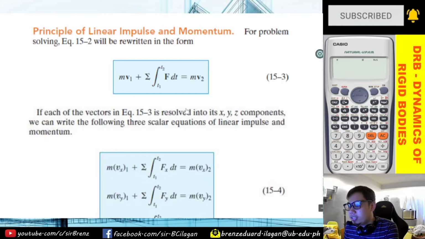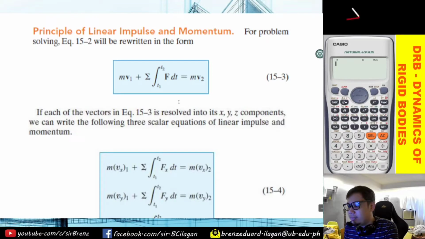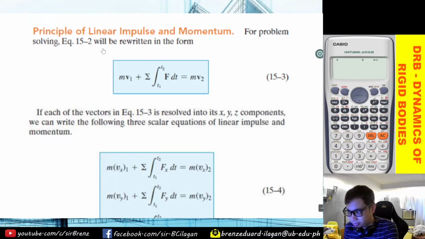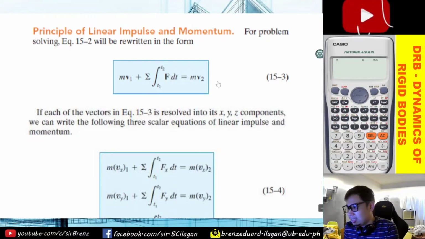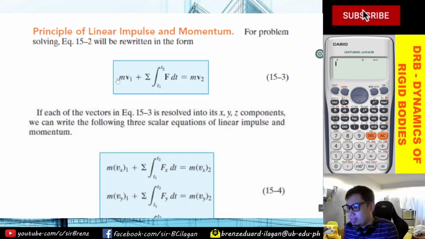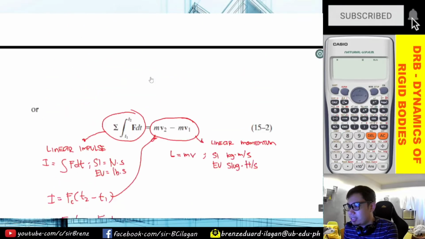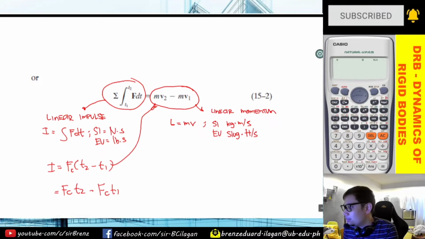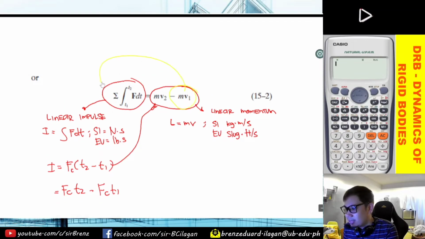Okay, so the principle of impulse and momentum. What is discussed in this section? The principle of linear impulse and momentum. For problem solving, equation 15-2 will be rewritten in this form. What happened is that he just moved the mv1. Before, our equation was like this. He just transposed the mv1, this part, that's why, if you noticed, it became positive.